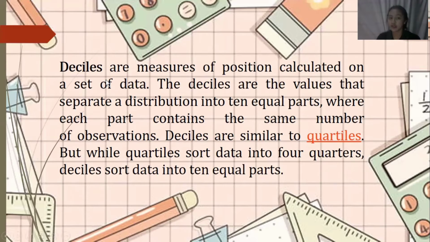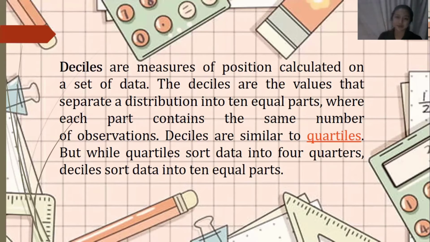Here po on deciles, it's 10 from the word itself, dec. Remember, we have December, di ba? Pag ganon, 10 po ang pinag-uusapan. Kahit na ang December ay pang 12.